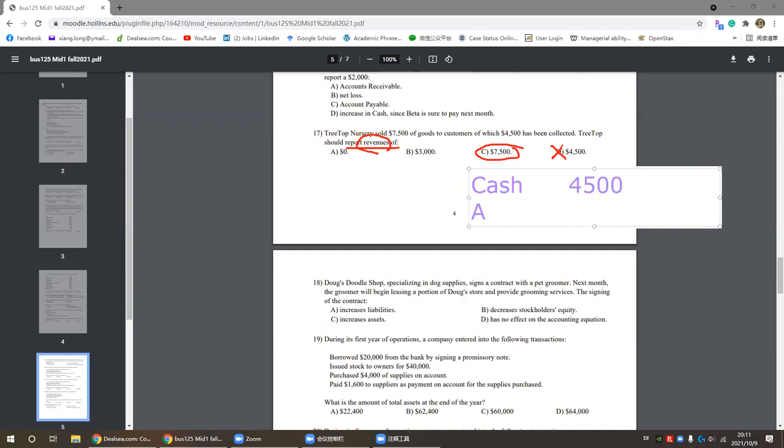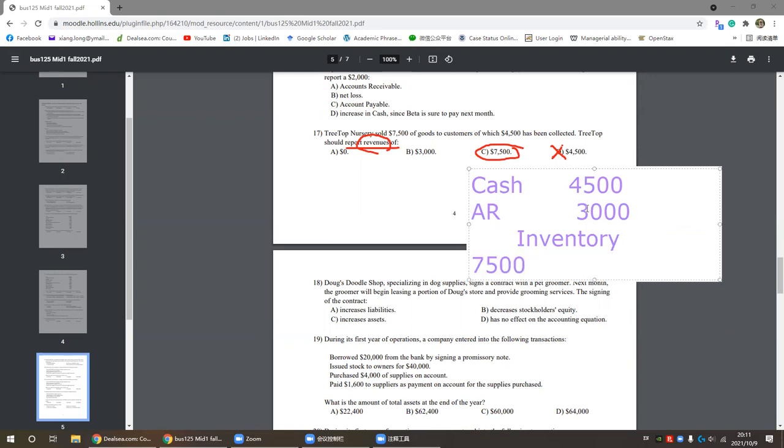And on the other side, we will have an account receivable, because we only received 4,500, we still have 3,000 that is not received yet. And next, because we sell our goods, our inventory will be decreased by 7,500. So that's how we should write our journal entry in this case.